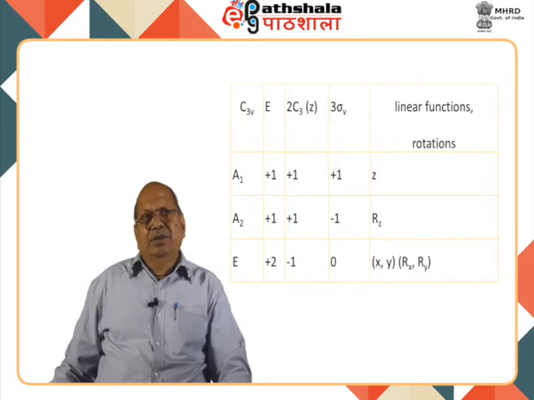Let us take the character table of the C3V point group and concentrate on x, y, z, Rx, Ry, Rz. In the last column we see the basis functions, and we try to find out which irreducible representation each corresponds to. For that, let us first take Rx, Ry, Rz rotational vectors as the basis and find out for which irreducible representations these are responsible.